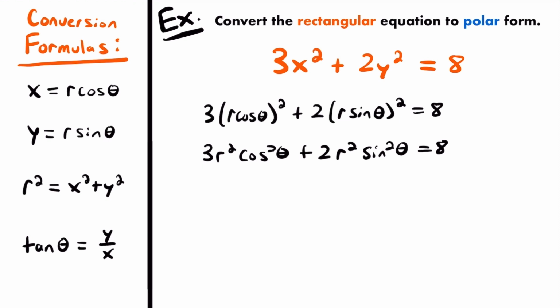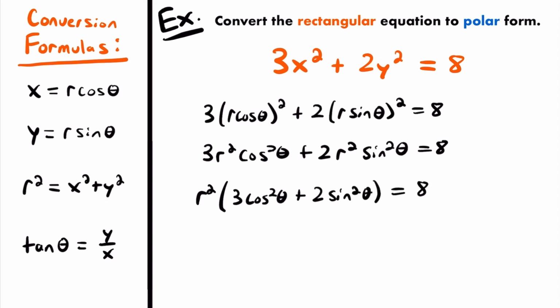Okay, and now remember, our end goal here is to solve for r. So if we can isolate r in any way, we should try to do that. In this case, I see that both of these terms have a common factor of r squared. So let's pull r squared out of those terms, and we'll have r squared times 3 times cosine squared theta plus 2 times sine squared theta, and that's still equal to 8.